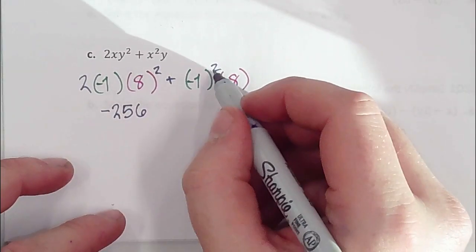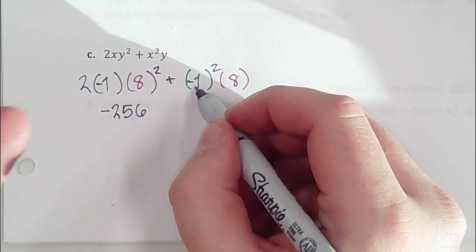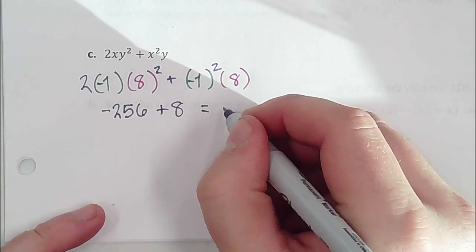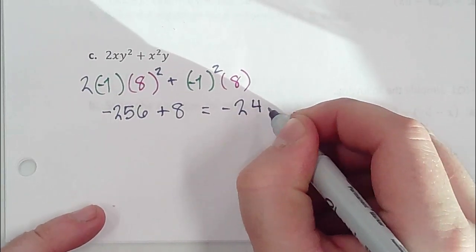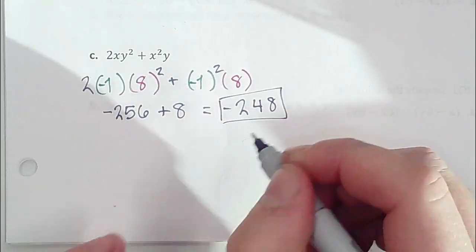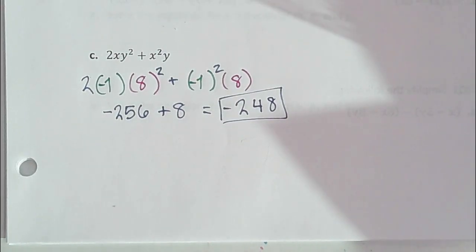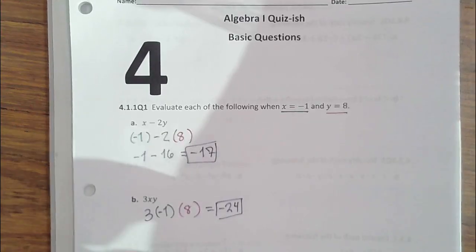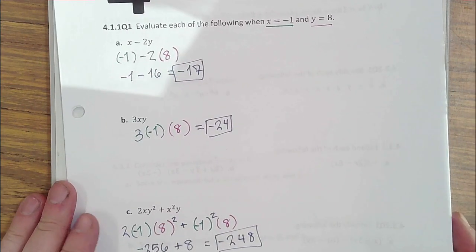And then I've got negative 1 squared. Well, negative 1 times negative 1 is 1, and 1 times 8 is just 8. So we're going to get negative 248. So this is the first problem set, the basic questions on chapter 4, A, B, and C.